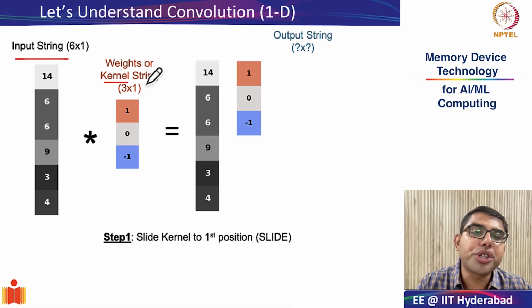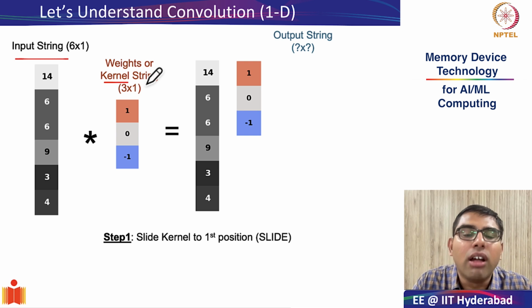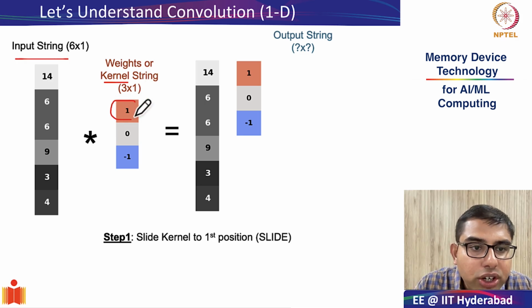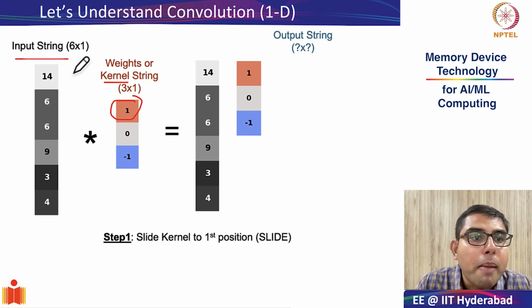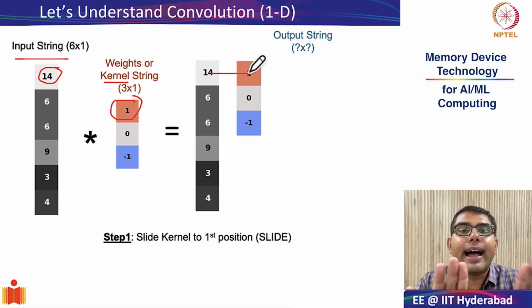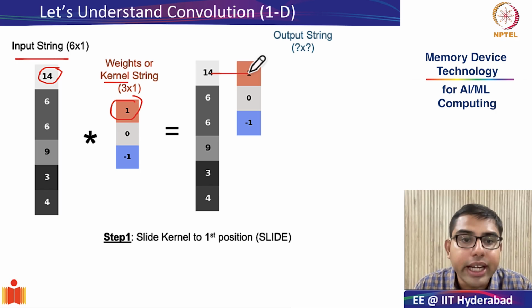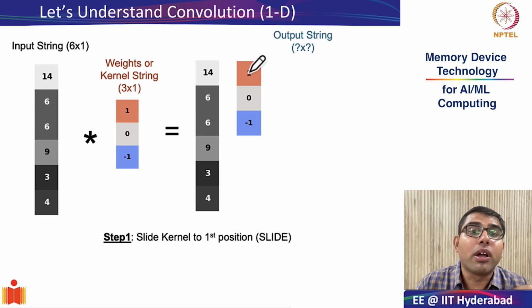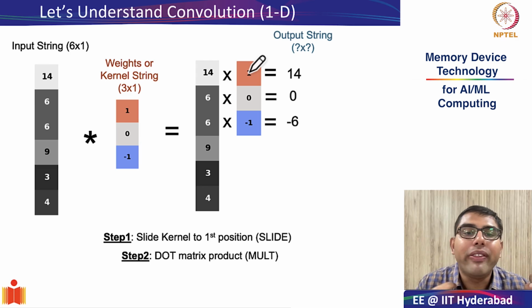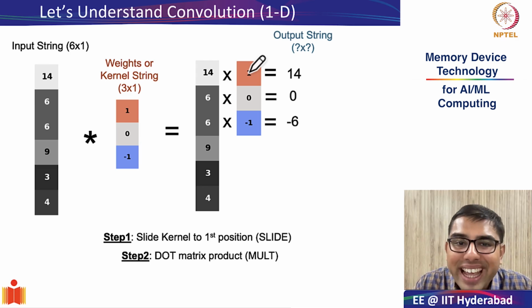The convolution operation happens in three primary steps. The first step is to slide or position the kernel such that the first element of your kernel string matches the first element of your input string, as you can see in this image where I have placed them side by side. The next step is to do the dot product, or the multiplication operation.